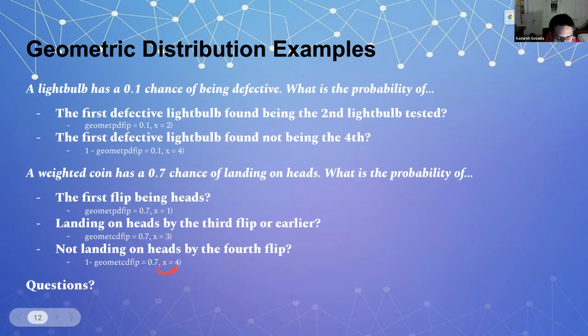And the X value is 4. And then we just hit enter. It's 0.9919. That is the probability of landing on heads by the fourth flip.